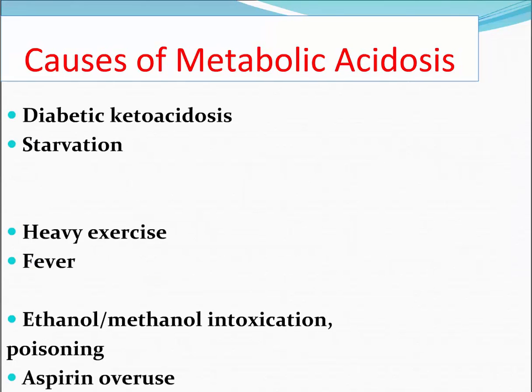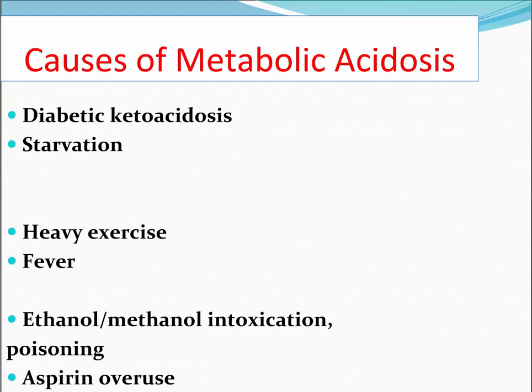Okay, with that underlying description being done, I'd like to look at some specific causes of metabolic acidosis. One very primary cause is diabetic ketoacidosis and starvation. Basically, in this situation, the glucose has remained in the extracellular fluid with diabetic ketoacidosis, so the body has to break down fat for energy.